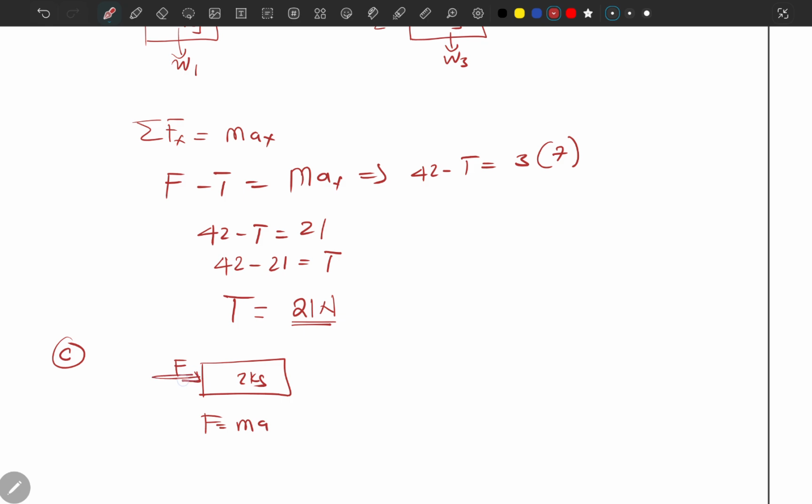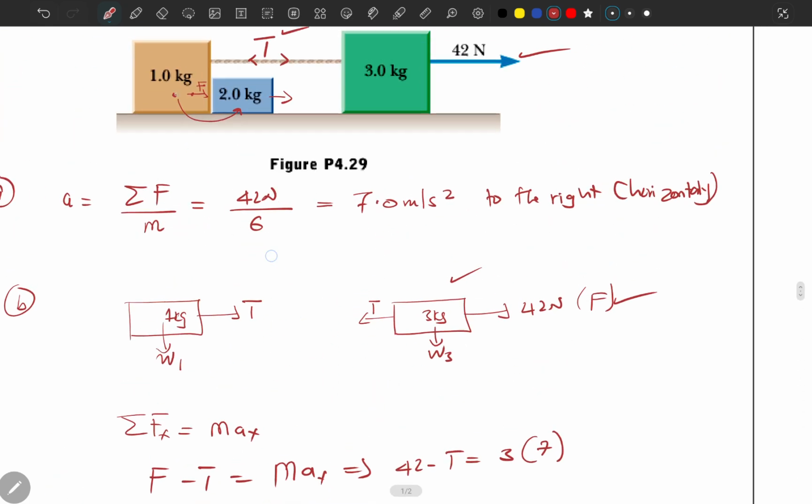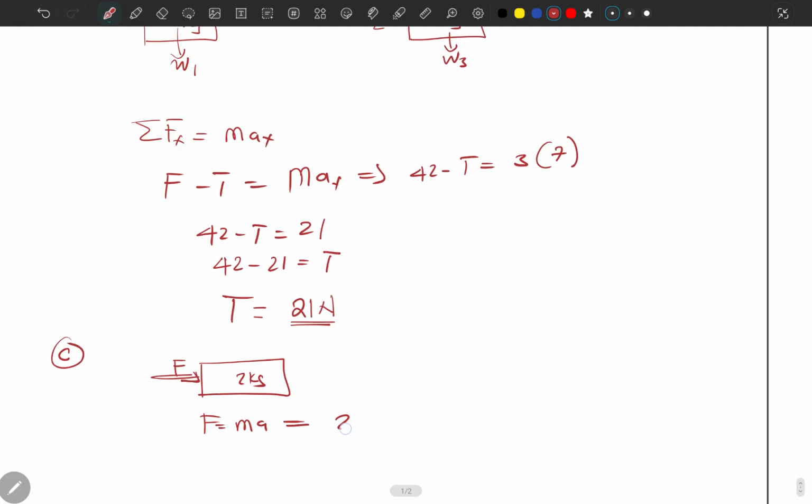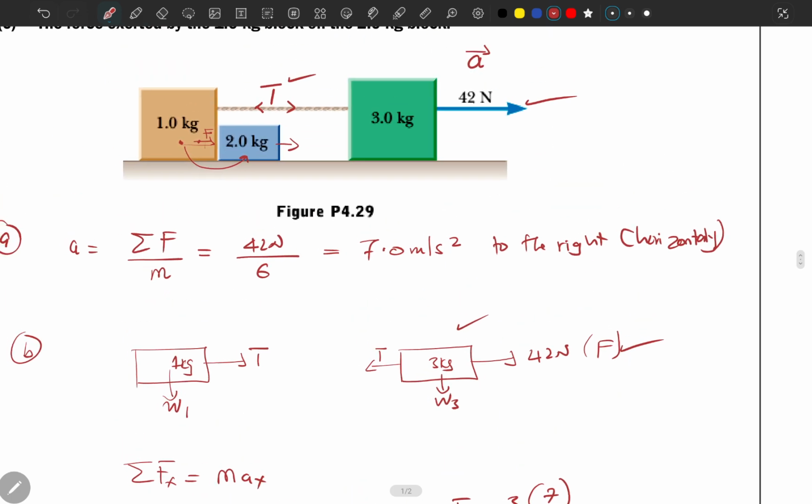This force is due to the 1 kilogram block. This block is applying a force on the 2 kilogram, causing it to move. So that's the force we are trying to find, which is mass 2 times acceleration 7, to give us 14 newtons. Of course, to the right, because this is where the motion of the system is going. Simple as that.